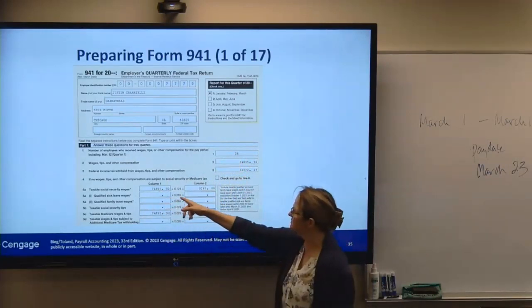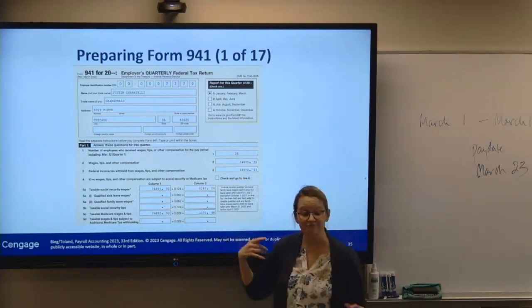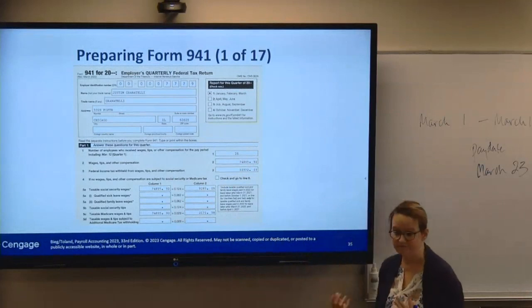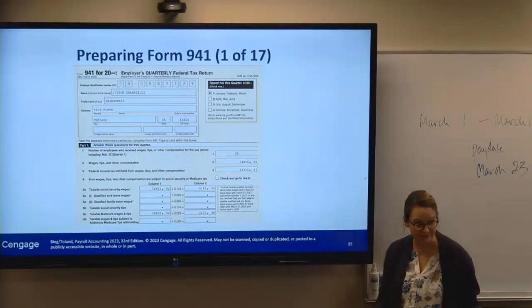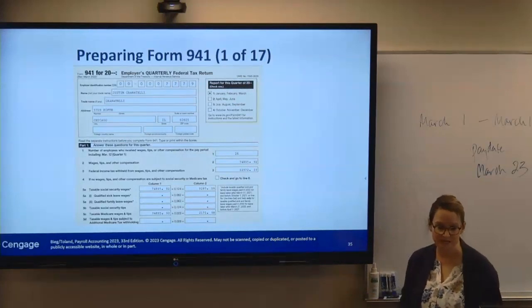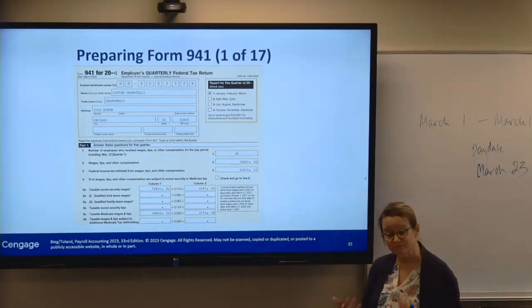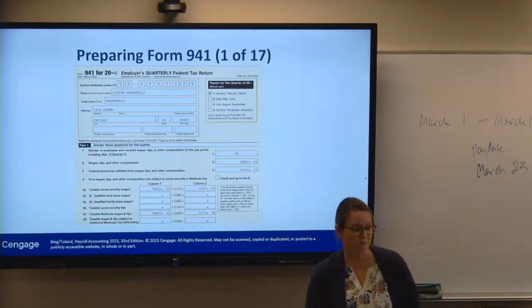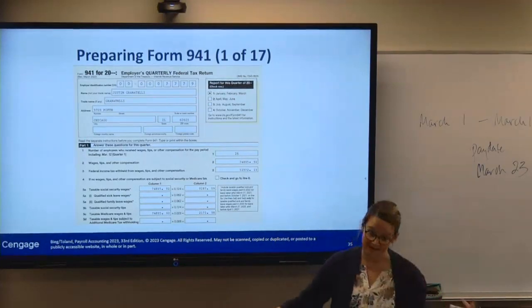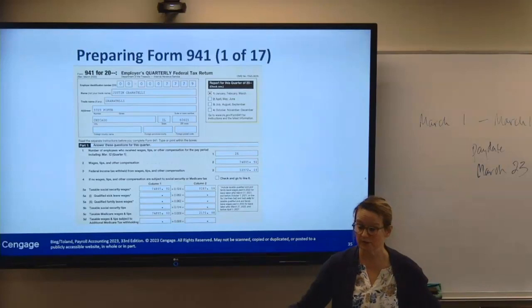So Social Security wages are multiplied by the full Social Security tax rate. Now, why are we using the full Social Security tax rate? I thought that was for SECA taxes, that 12.4%. Well, remember, the full tax rate is still 12.4%. It's just that half of it is paid by the employee, half by the employer.